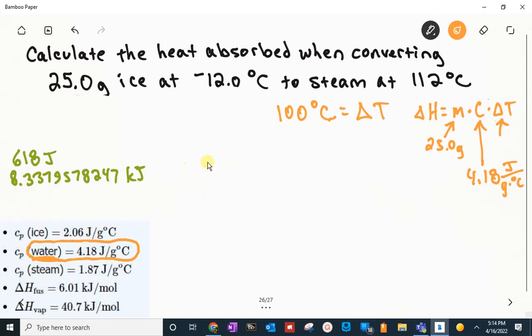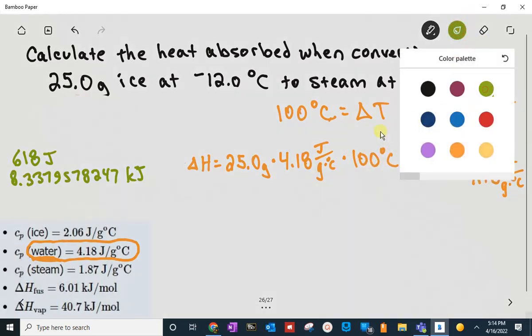So now we know the formula is going to be the amount of heat absorbed equals 25.0 grams times 4.18 joules per gram Celsius times 100 degrees Celsius.